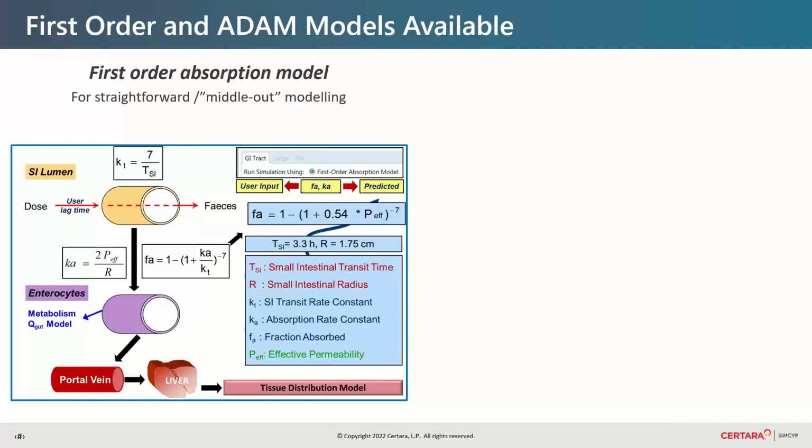Here we're taking some physiology information, things like the radius of the small intestine in the different species, and an estimate of the permeability. Really, the main thing that we need to be able to predict is the permeability of the compound. If we know the permeability of the compound, or we can predict it, together with the physiology information, we can predict the rate and extent of absorption.